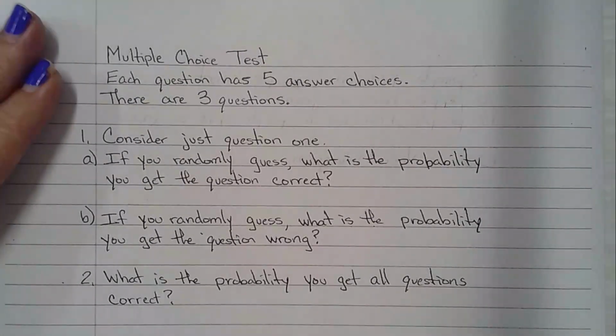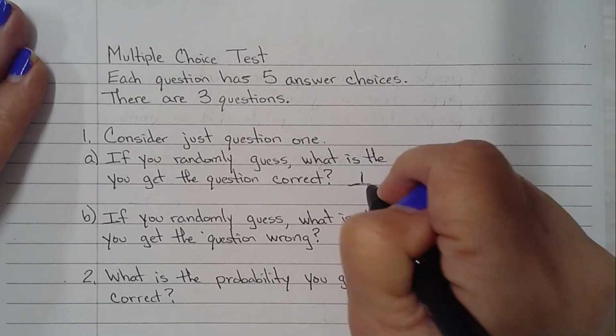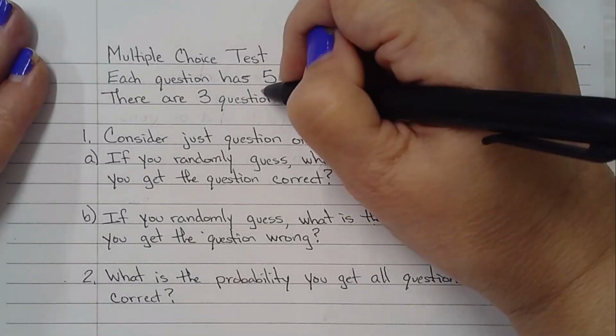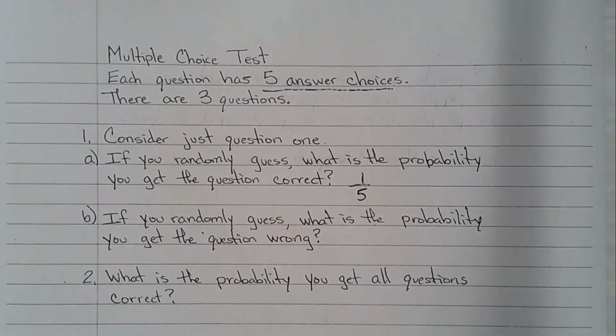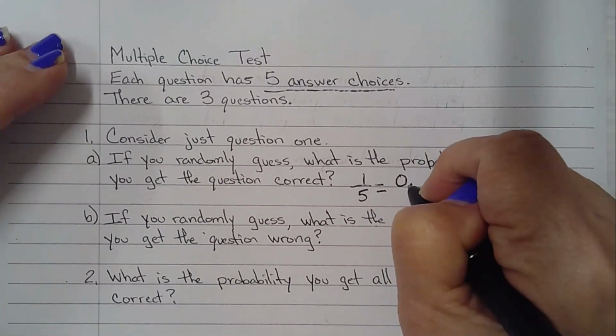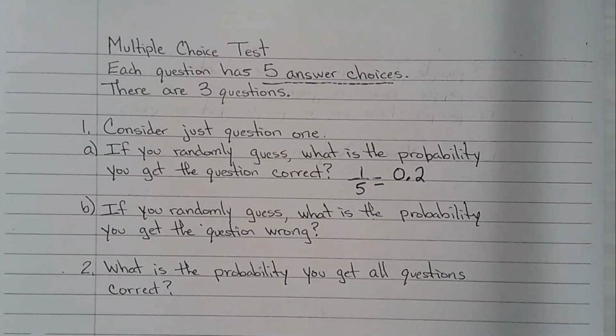Okay, I hope we all see that that would be 1 out of 5. The 5 is coming from the fact that we have 5 answer choices, and out of those 5 answer choices, only 1 choice is correct. So it would be 1 out of 5. If we convert to decimal, it'll be 0.2. As we work with these probabilities, I find it easier to have them in decimal form.